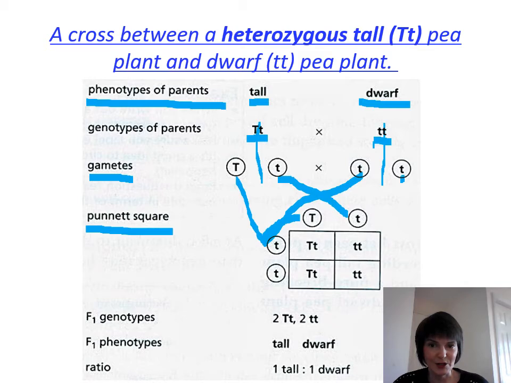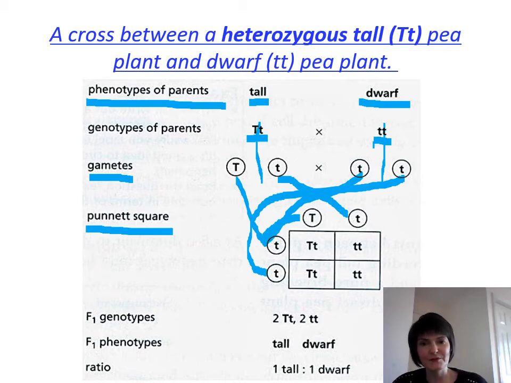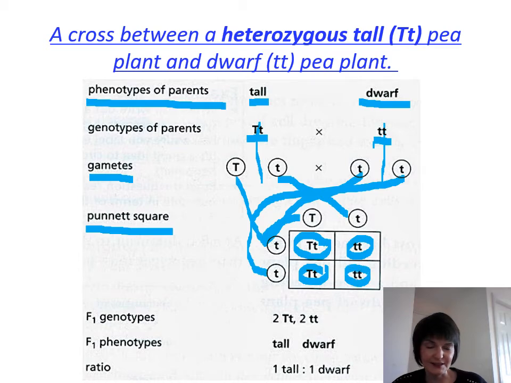It just looks like a big maze, this. I'm just trying to show you where the gametes go. Okay, and again, crossing it over, big T, little t, little t, big T, little t, and little t.